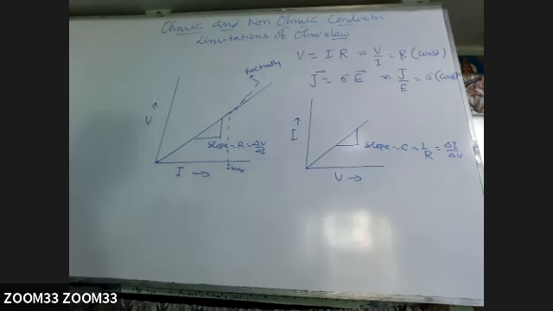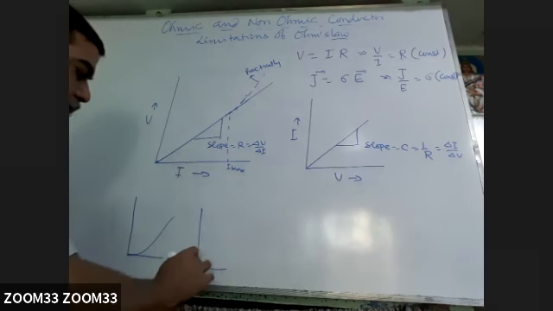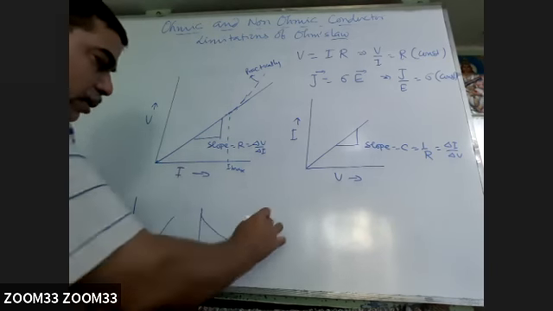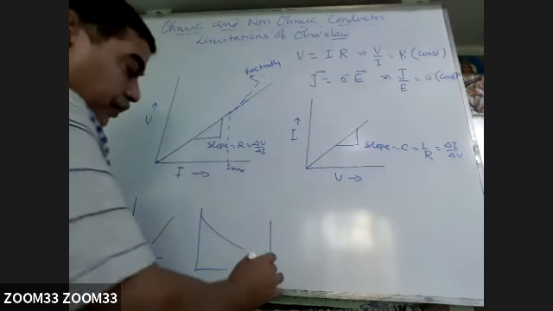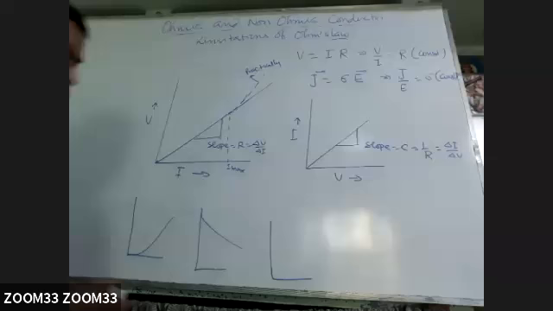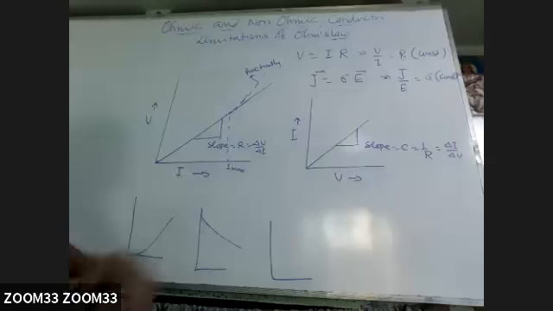So in case of a non-ohmic conductor, if you are getting a graph like this, or whatever way it may be, like a thermistor, whatever the graph may be, if it is not a straight line, then that graph is of a non-ohmic conductor.